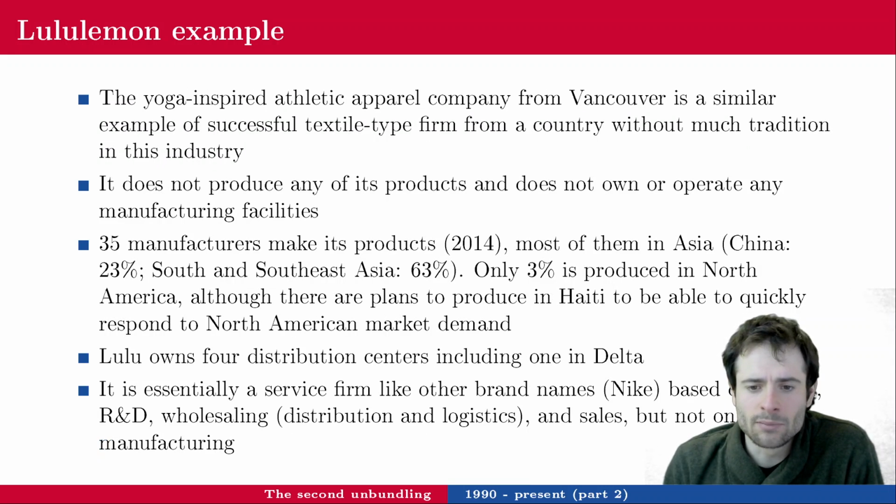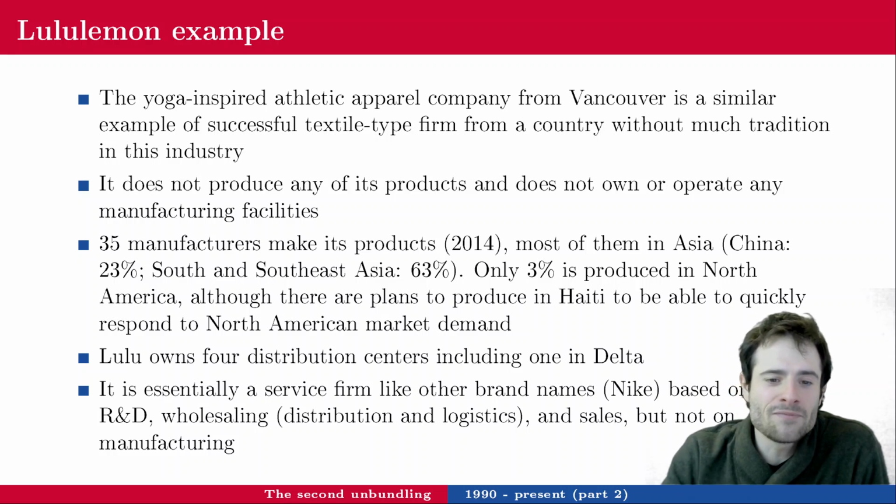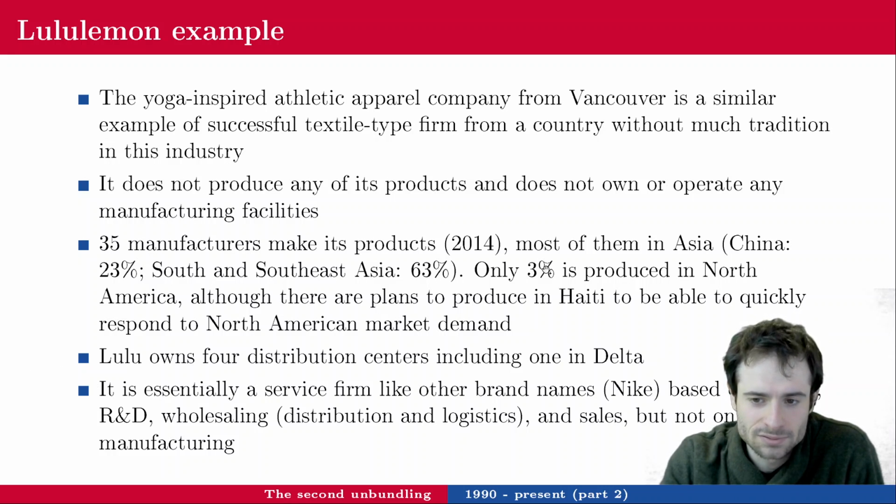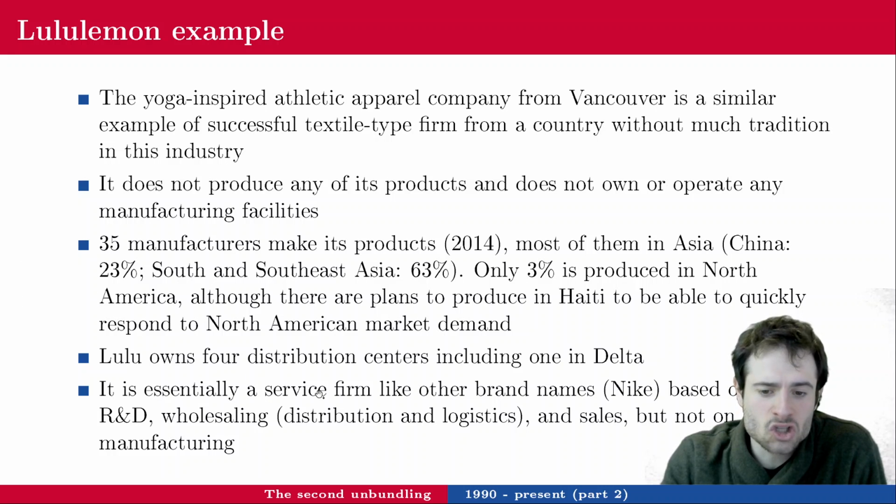Lululemon, I wish I had more time to talk about it. That's too bad. But same, those guys do not produce any of what they sell. They have 35 manufacturers who make their products. Most of them are in Asia. Only 3% are in North America. They own 4 distribution centers.